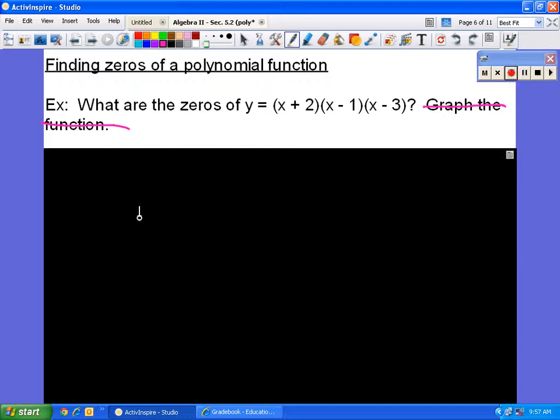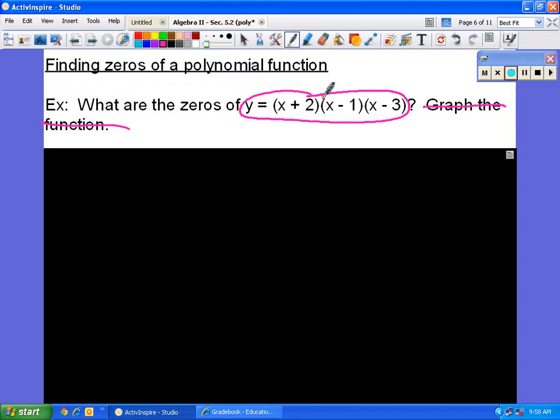Okay, finding the zeros means what are the values of x? If I made this an equation, see, it is an equation. Finding the zero means what are the value or values of x that will make that equation equal to 0.